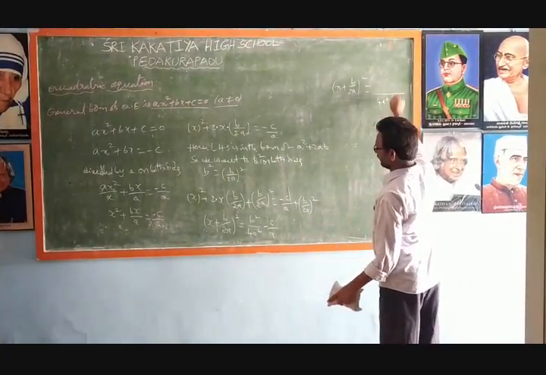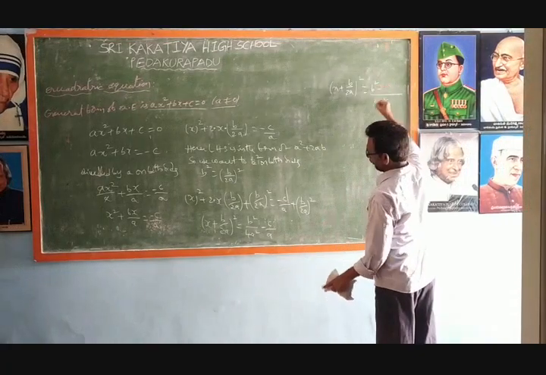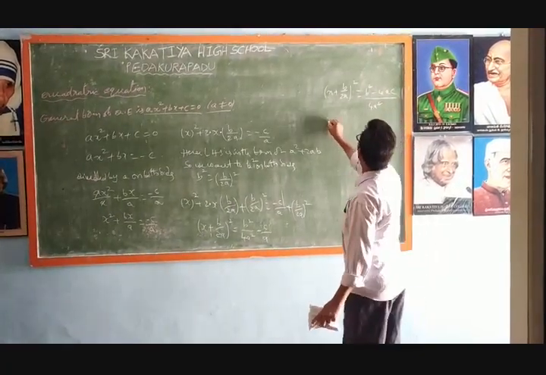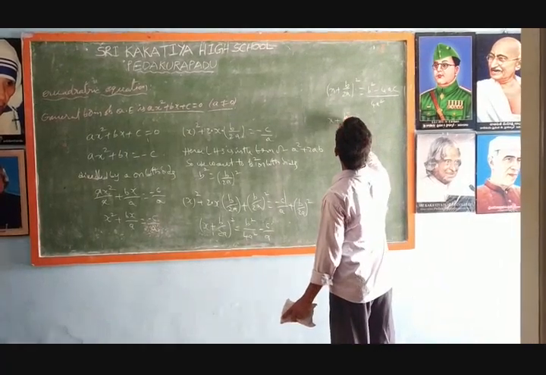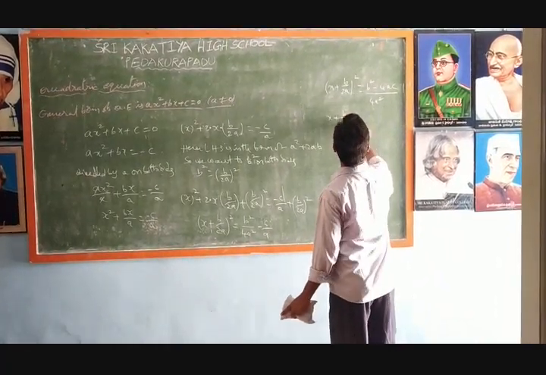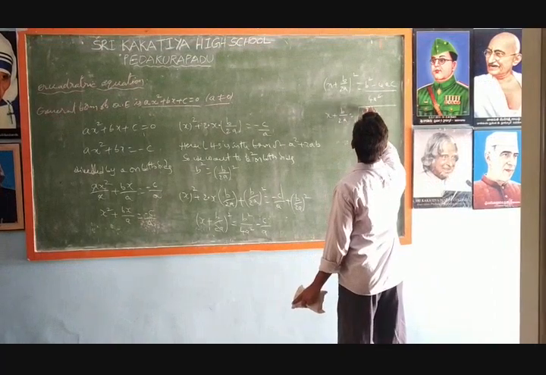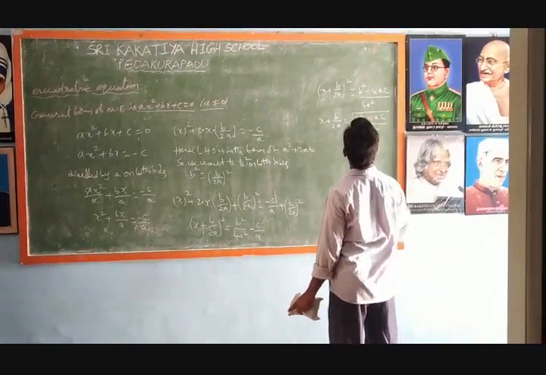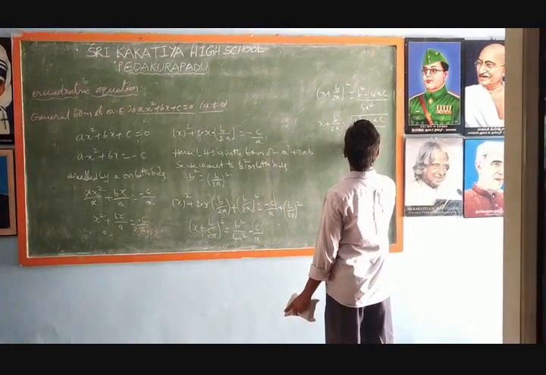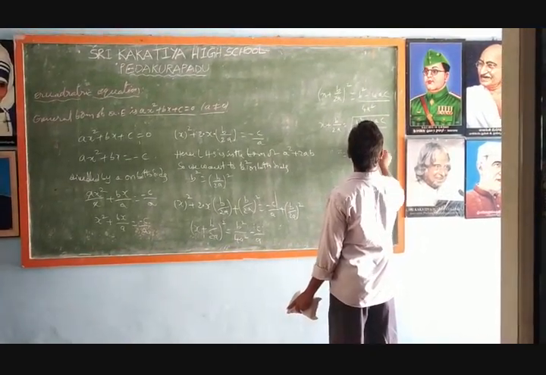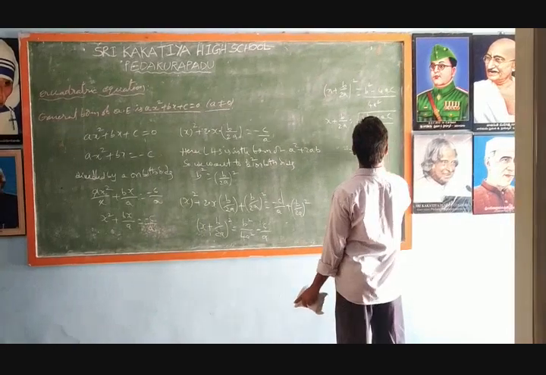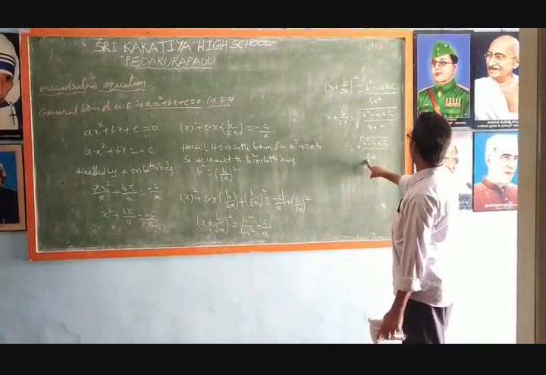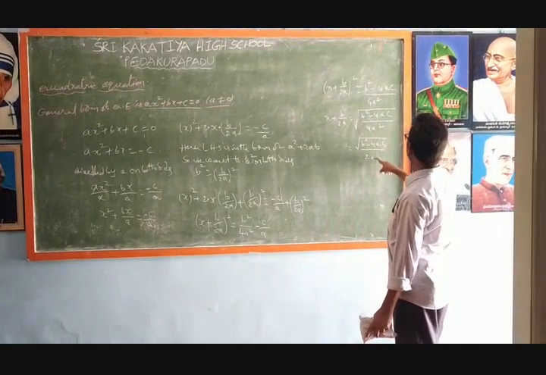That gives b square minus 4ac by 4a square. Now x plus b by 2a is equal to the square root of b square minus 4ac by 4a square, which is root of b square minus 4ac by 2a, since the square root of 4 is 2 and the square root of a square is a.